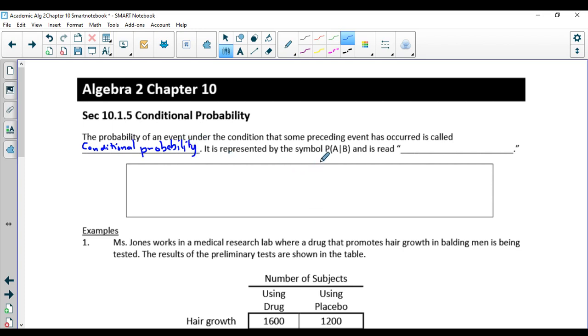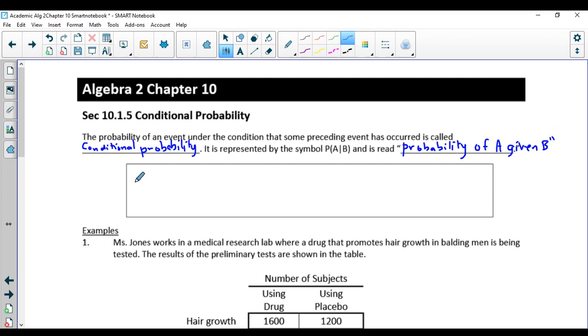It is represented by the symbol P for probability, parentheses A is an event, this bar means given, and then B is another event. So this is read probability of A given B. Again, that vertical bar means given.